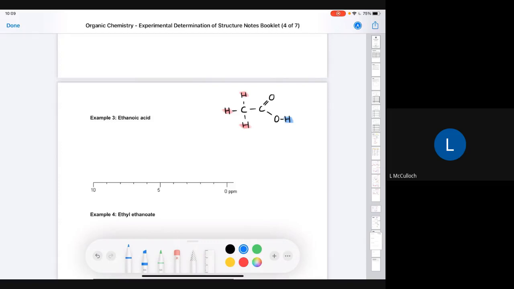That was having a shift of between 10 and 11, and because our scale only goes up to 10, I'm just going to pop it right on 10. And then for the red hydrogens, it's a CH3 that's bonded to a C double bond O, so that's going to be somewhere between 2 and 2.7. I'm going to kind of pop that in.